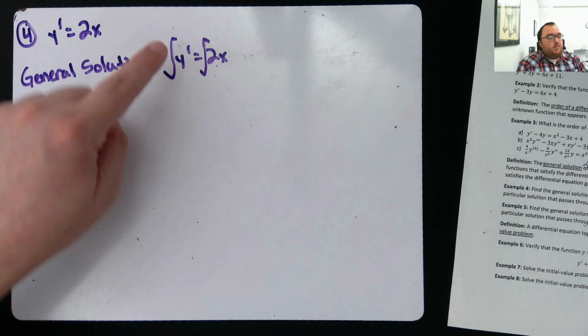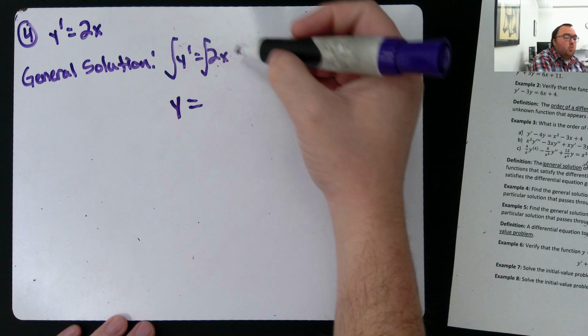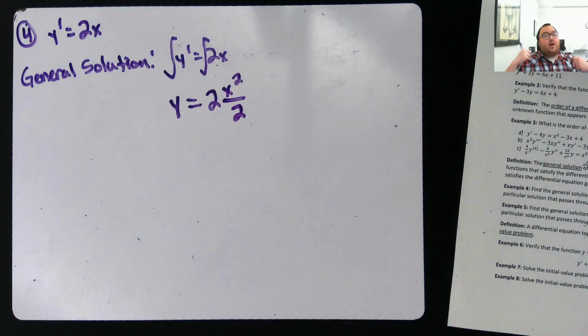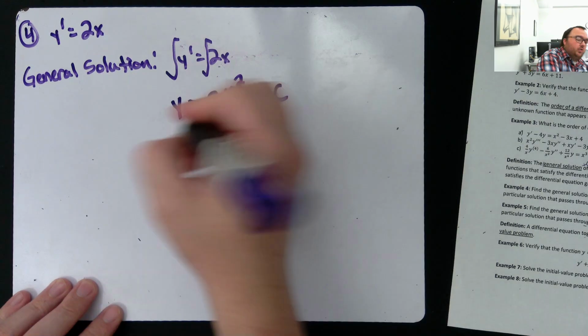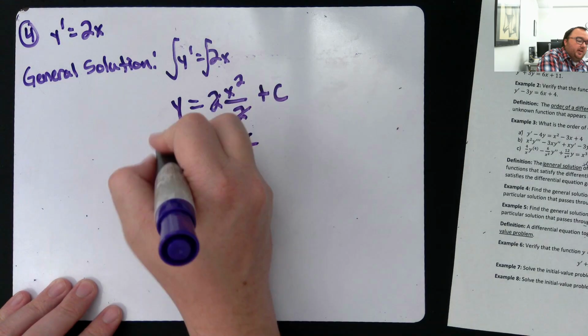Antiderivative of a derivative cancels out, so this is just y equals, to take the antiderivative of 2x, add 1 to the power, which would make it 2, and divide by that new one. And then, like I always say, remember, do plus c. 2's cancel out, so the general solution is y equals x squared plus c.